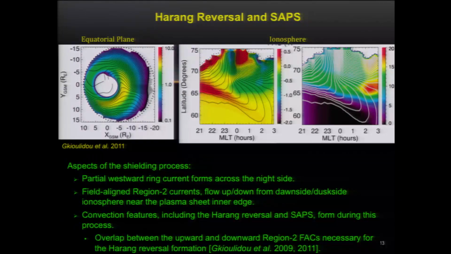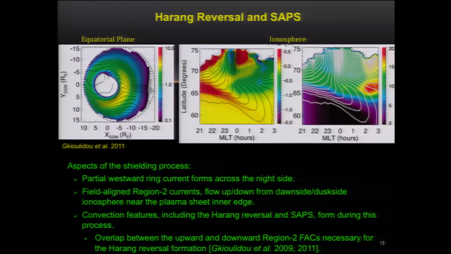Here, I think in this simulation, we only consider electron precipitation. So the electric field needs to increase in order to close the current, and the equipotentials become much closer to each other. If you think about the particles, those are the SAPS flows, the subauroral polarization streams. So the convection features, including the Harang reversal and the SAPS, are part of this shielding process.